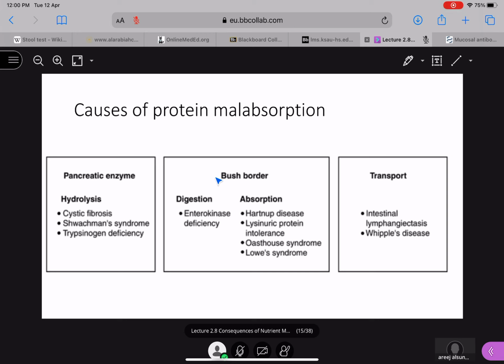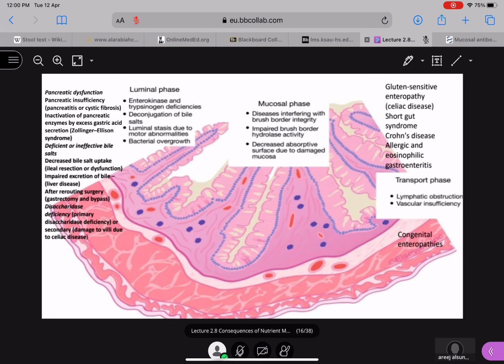Or if we have a defect in the carrier itself for the protein, which happens in congenital diseases like Hartnup disease, lysinuric protein intolerance, and Lowe syndrome. All these are congenital metabolic defects. Or if we have a problem in the transport, like intestinal lymphangiectasia.